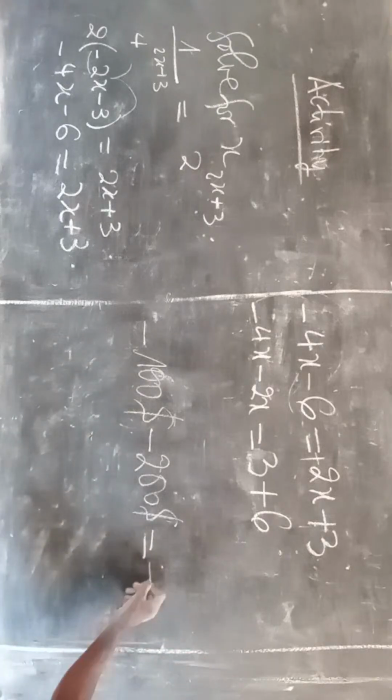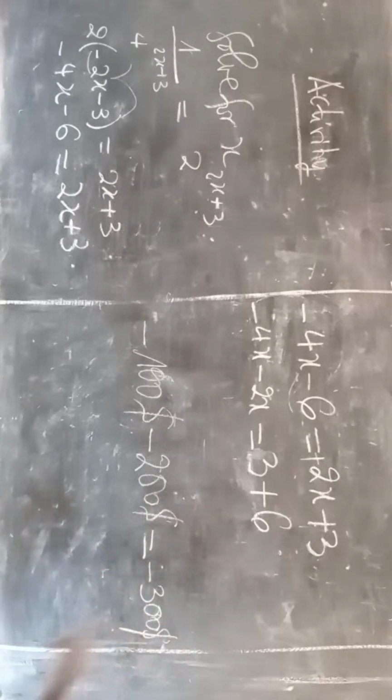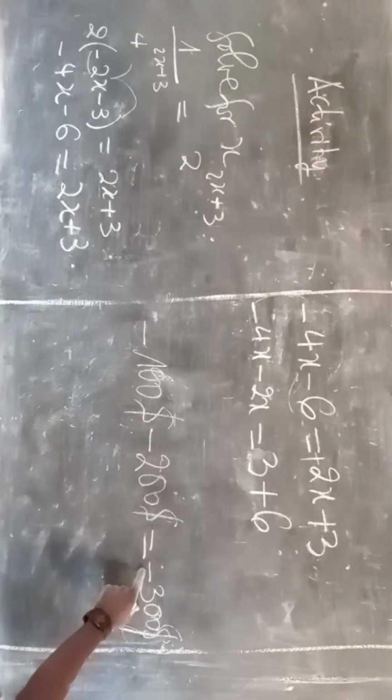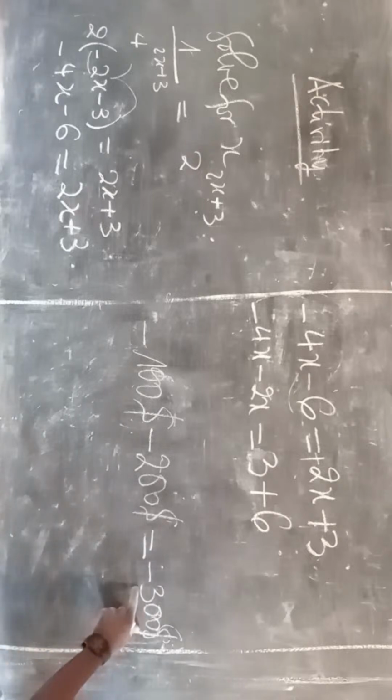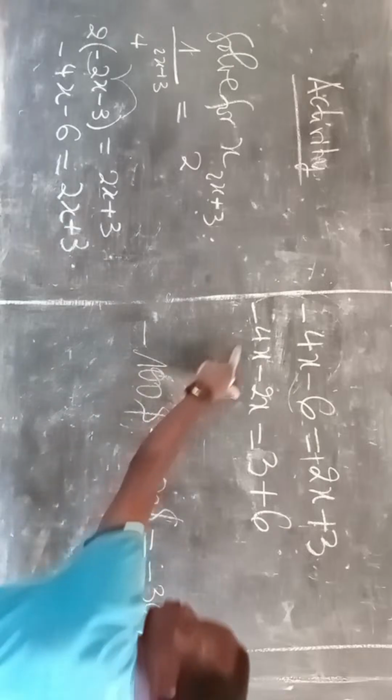It is minus 3 francs. Means that you have a credit of someone which is very big. Now it is what you are going to use here.